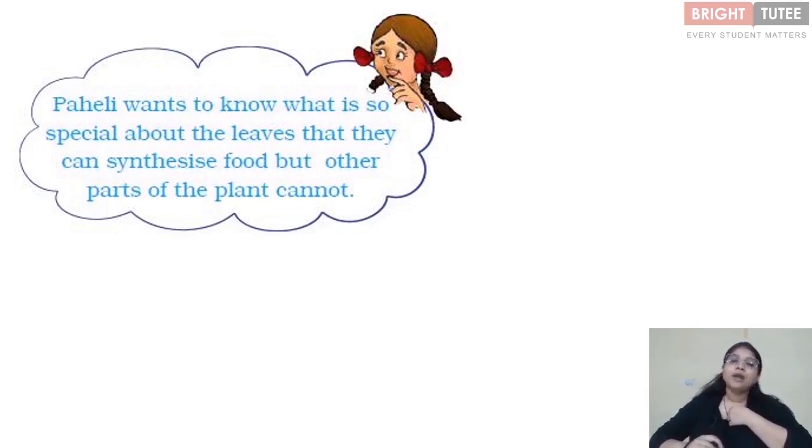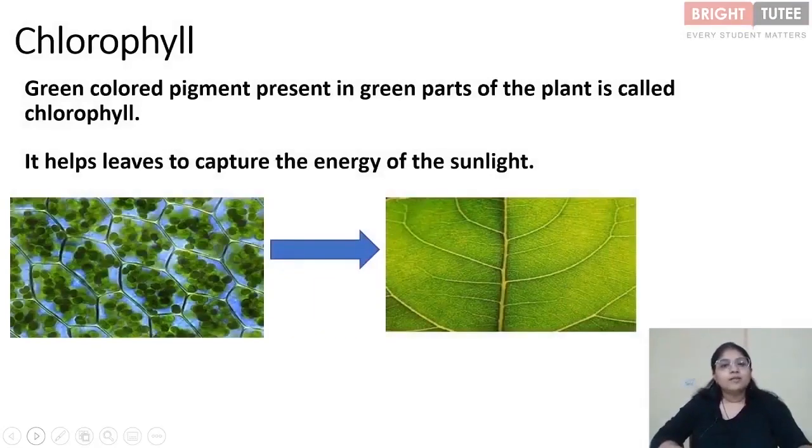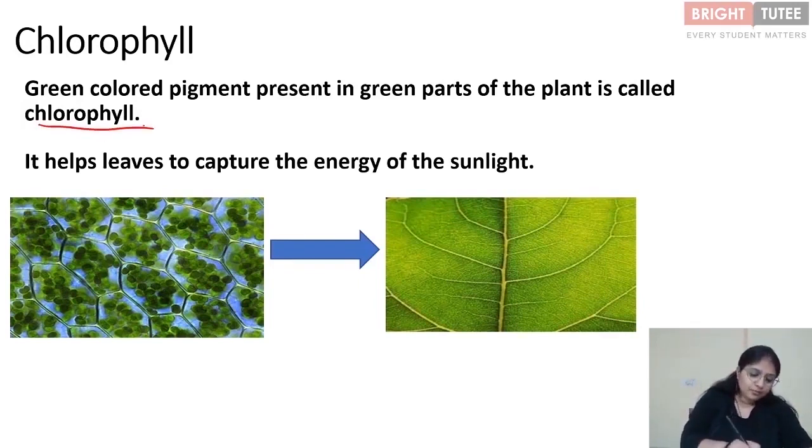If you remember, we had talked about 4 conditions that are required for photosynthesis, out of which we have discussed 2. The third one, students, is chlorophyll. So this is the speciality of the leaf, specifically green leaves. The green color pigment which is present in the leaf and provides the green color is called chlorophyll, right?